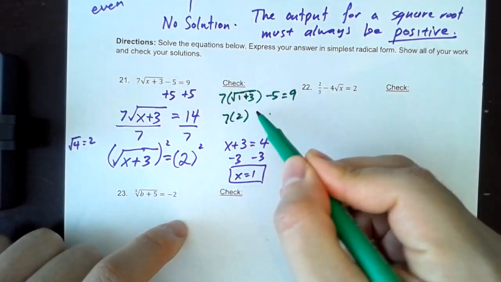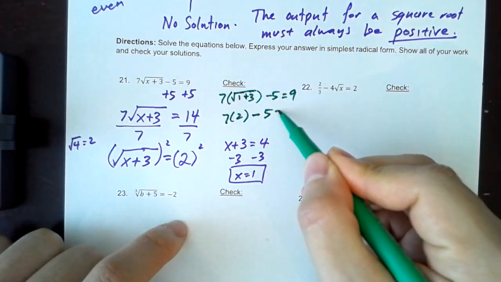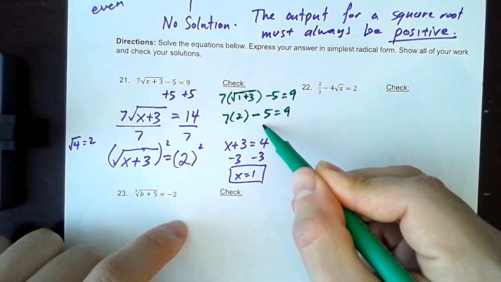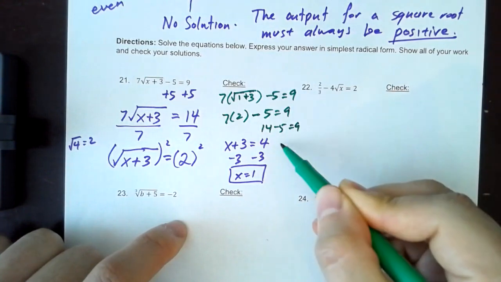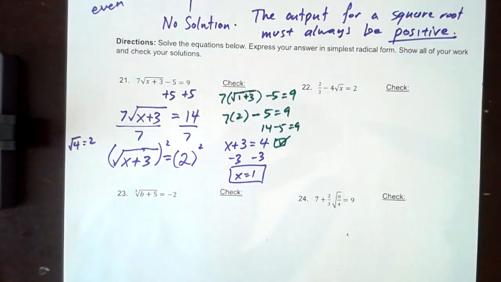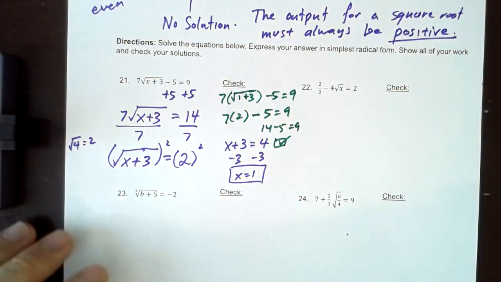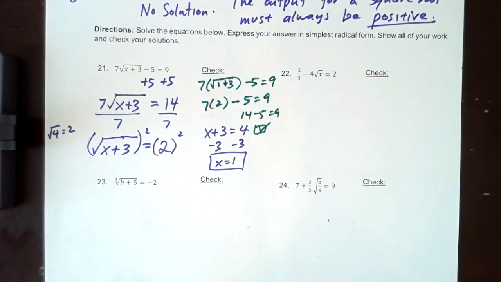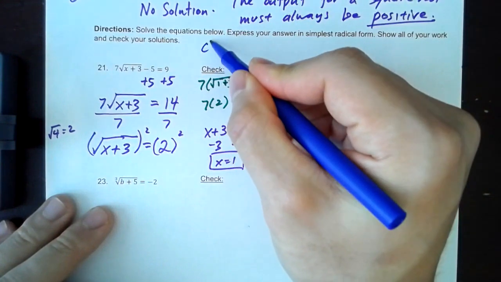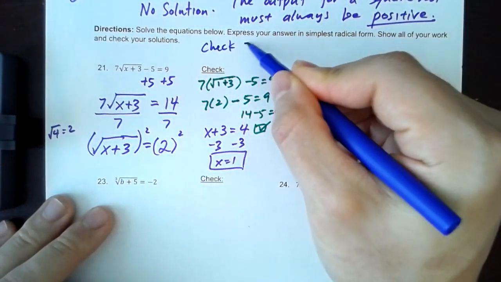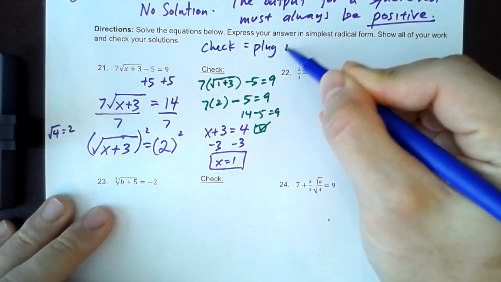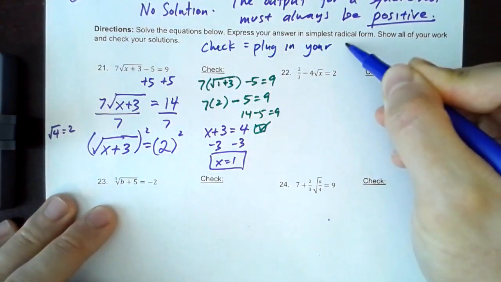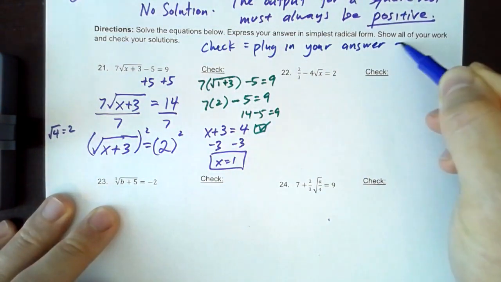So then 7 times 2 would be 14, and 14 minus 5 is 9, and we know this is right. Okay? Checking just means to plug in your answer to verify.